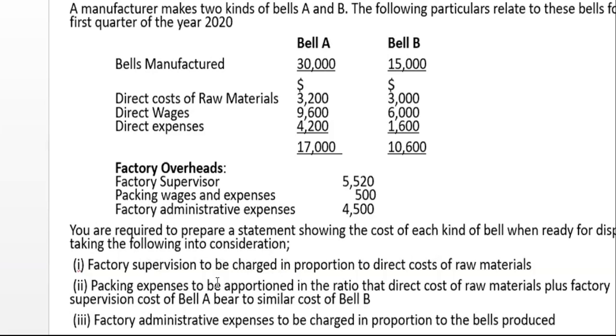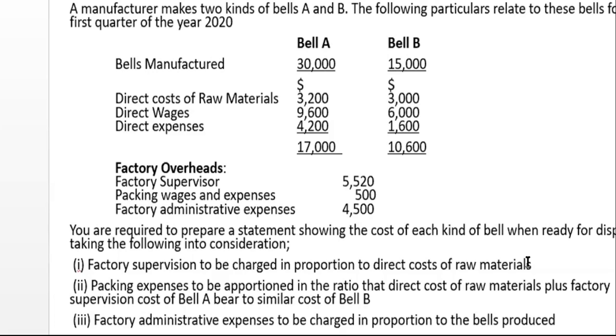1, factory supervision to be charged in proportion to the direct cost of raw materials. So the basis for apportioning the factory supervision cost is the direct material that we have incurred for each bale. So how do you find the ratio of apportionment?